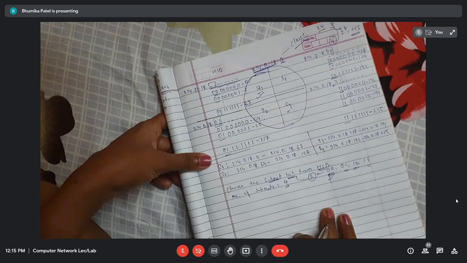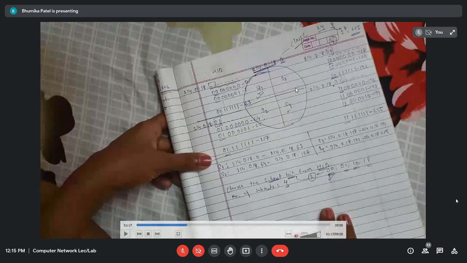I think on Monday we had the lecture, right? At that time I told you that the first IP address represents the entire network, the entire 256 IP addresses of the class C network, and similarly, as you can see, 214.0.18.255 represents the directed broadcast address for the entire network, as well as the directed broadcast address for only subnet 4.